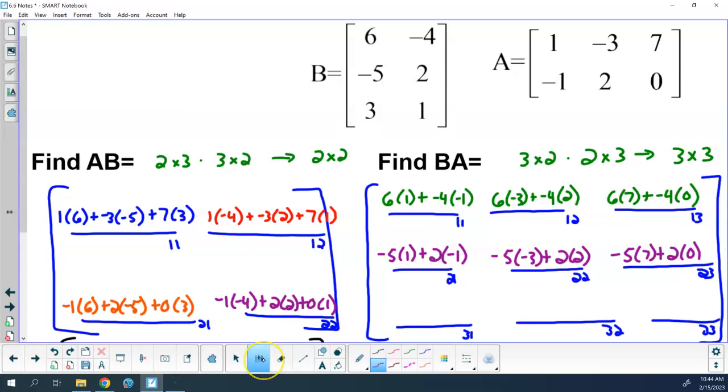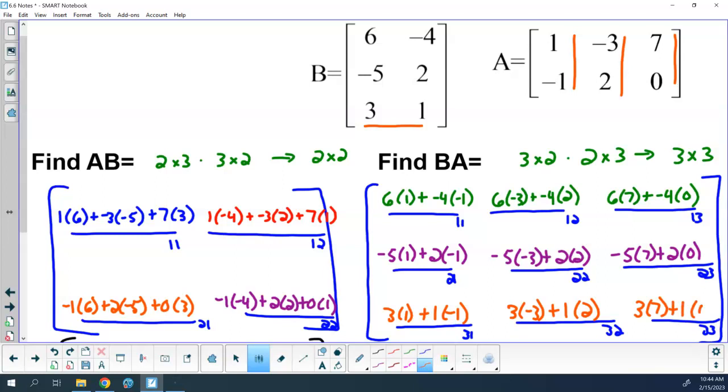And then row 3, column 1 would be 3 times 1 plus 1 times negative 1. Column 2: 3 times negative 3 plus 1 times 2. Column 3: 3 times 7 plus 1 times 0.